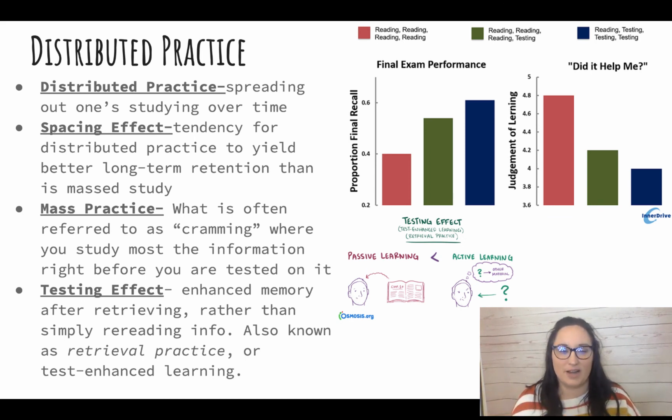Spacing it out is better. So spacing effect is the tendency for distributed practice to yield better long-term retention. The difference between distributed practice and spacing effect is just that spacing effect is the result of distributed practice, that we remember more because of distributed practice.